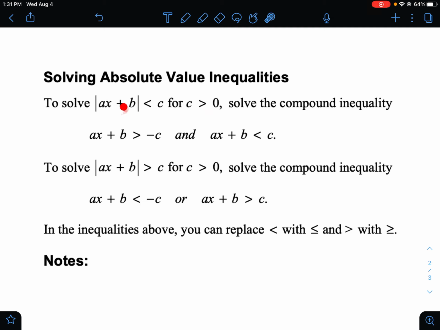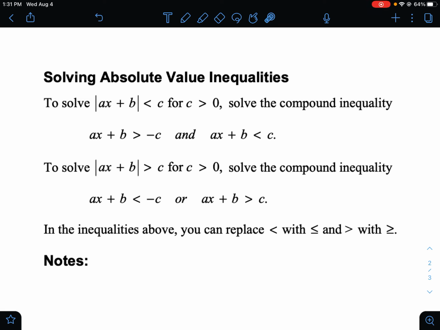Remember, absolute values cannot be anything negative. So if you have a negative number here, there is no solution. The number that's over here always has to be greater than 0 for there to be any solution. The only thing that gets weird here is you have answers that have "and" and answers that have "or."